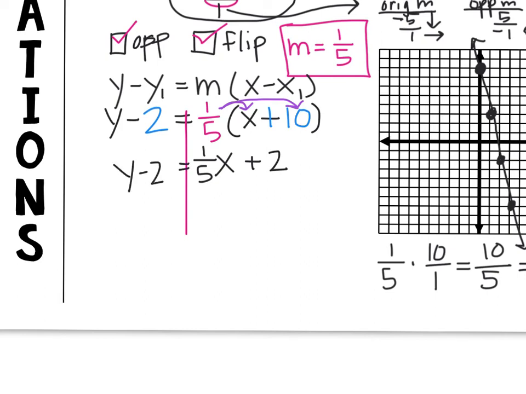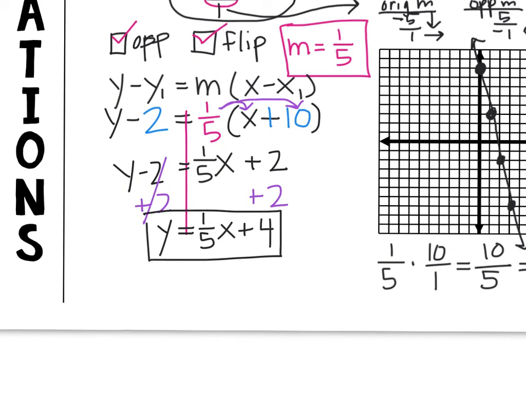The last thing I need to do is add 2 to both sides so that I can completely isolate my y. And I've got an equation of y equals 1/5 x plus 4.